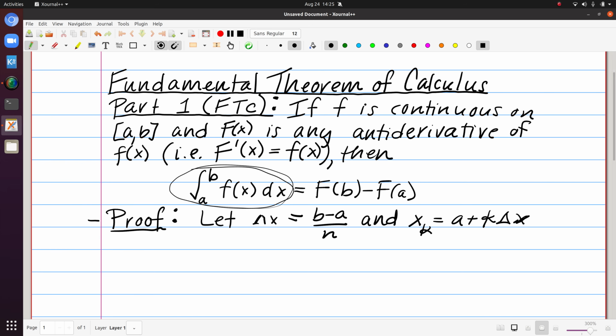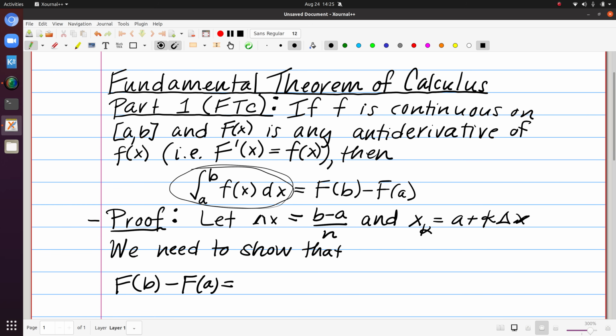So if I look at what we're trying to show, we need to show that capital F of b minus capital F of a is equal to the limit as n approaches infinity of the sum from k equals 1 to n of f, lowercase f, of x k star delta x.